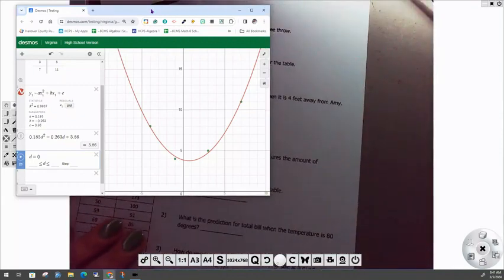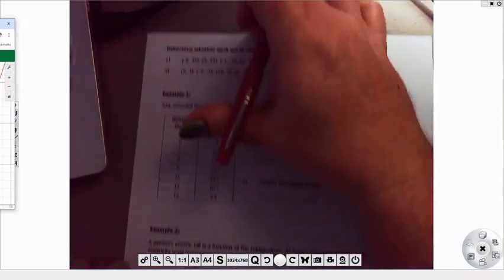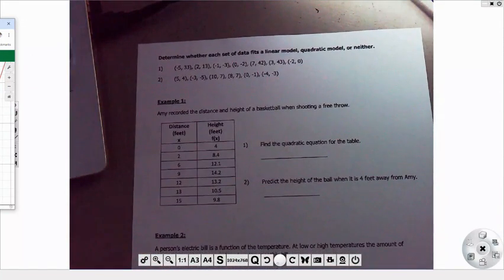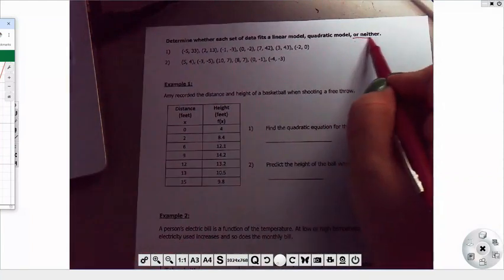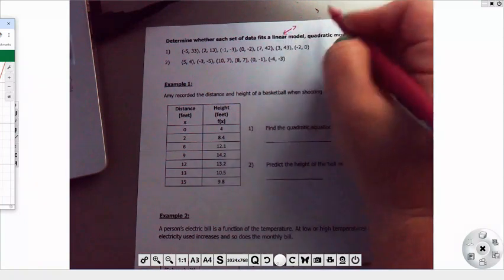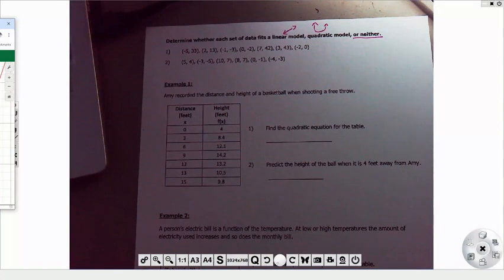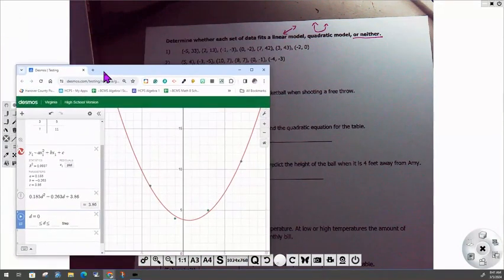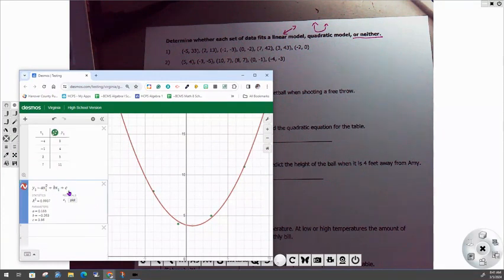It says for me to determine whether each set of data fits a linear model, quadratic model, or neither. It could happen. Remember, linear is going to be a line. Quadratic is going to be a curve. All right, so let's pull out my Desmos again. Let's clear out these two rows. I'm going to leave my equation in, but I'm just going to change my points.